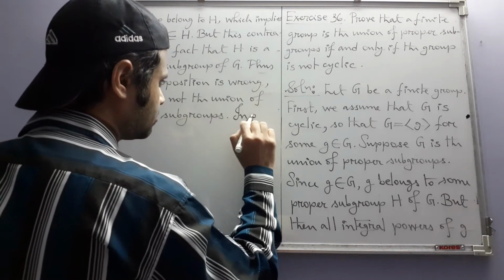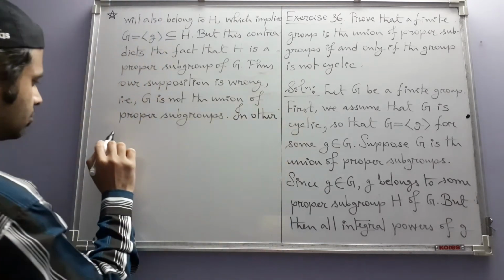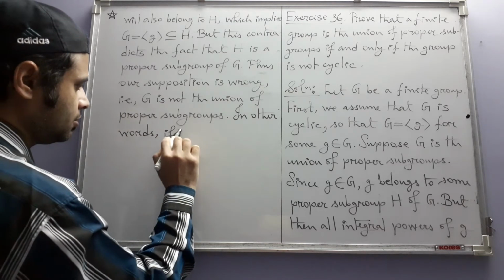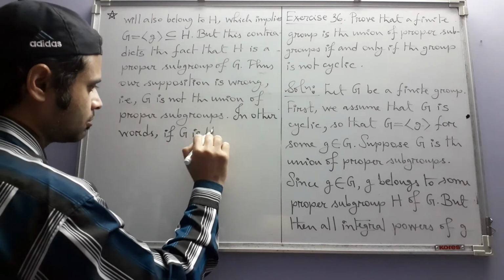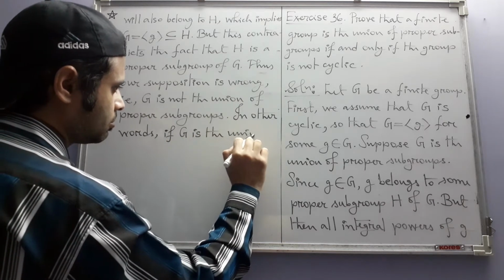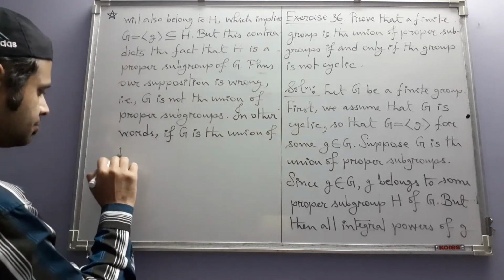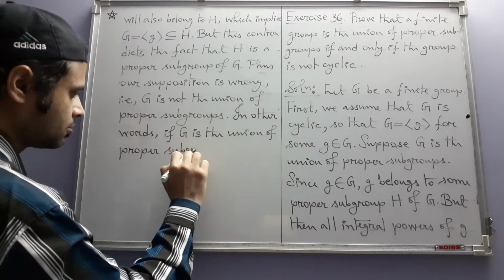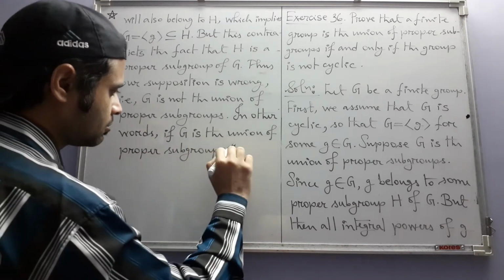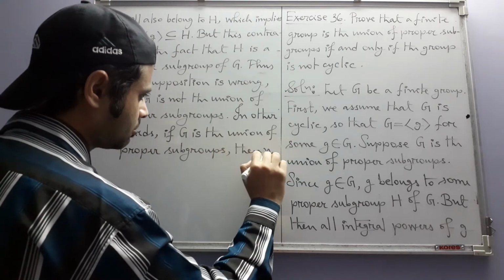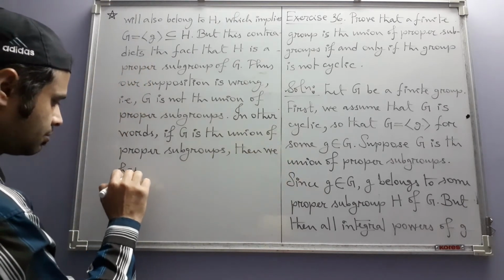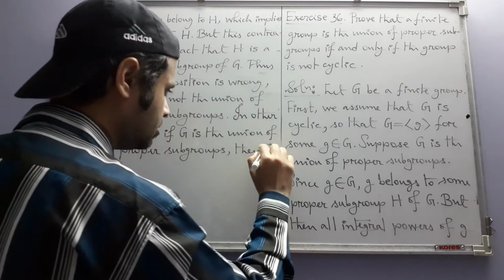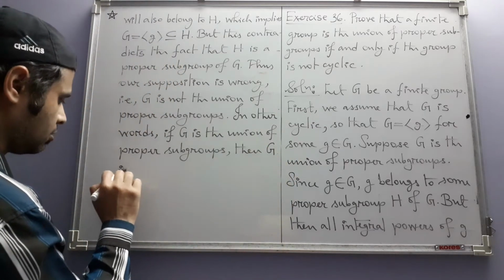In other words, if G is the union of proper subgroups, then G is not cyclic.